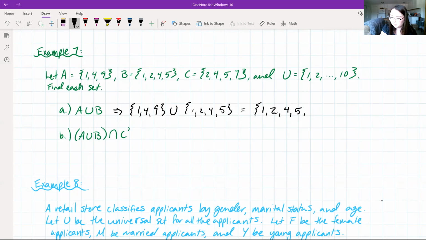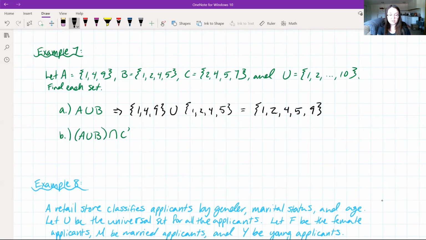But 9 is included in A. And 10 is not included in either as well. So we see that A union B is going to be equal to the set of 1, 2, 4, 5, and 9. So it's all the elements in A, all the elements in B, and all the elements that they share.